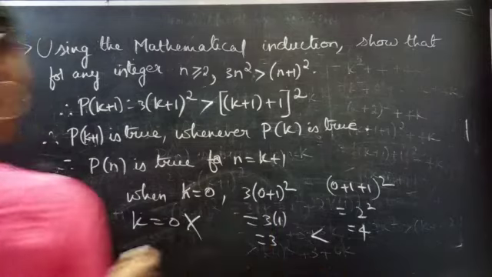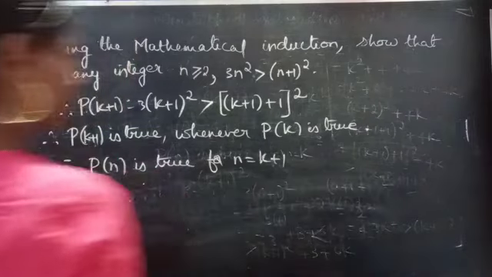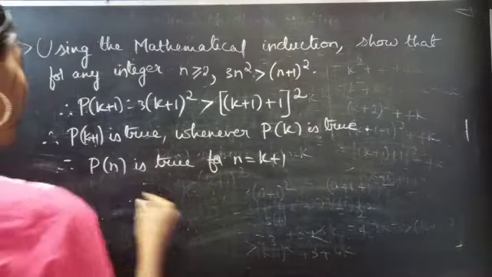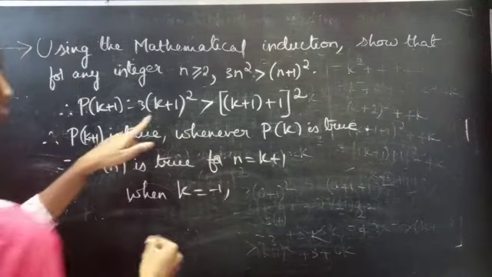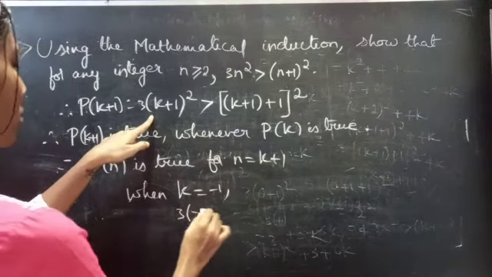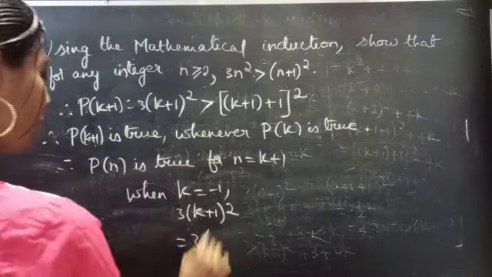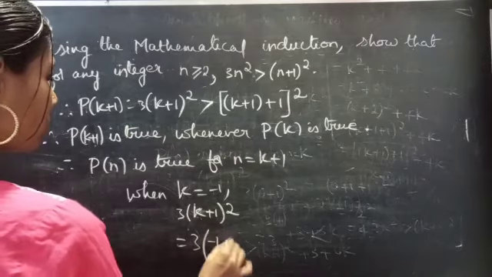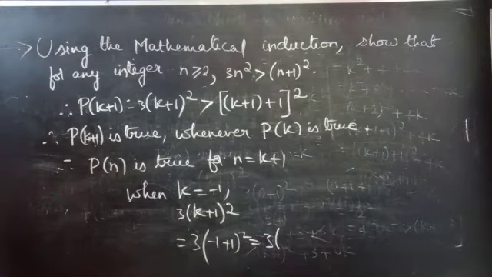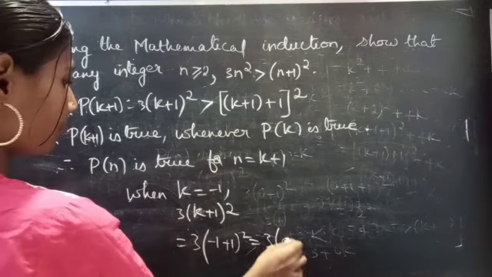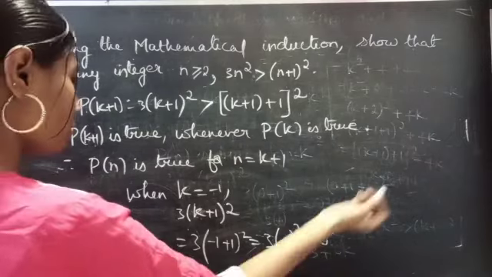So what happens when we put k equals to minus 1? When k equals to minus 1, consider LHS. 3 times k plus 1 whole square equals to 3 times, put k equals to minus 1, then we'll get 3 times minus 1 plus 1 is 0. 3 into 0 is 0, right?